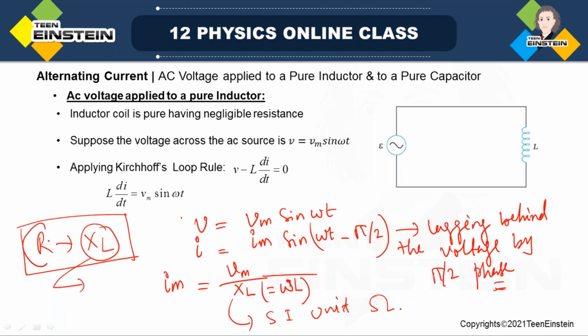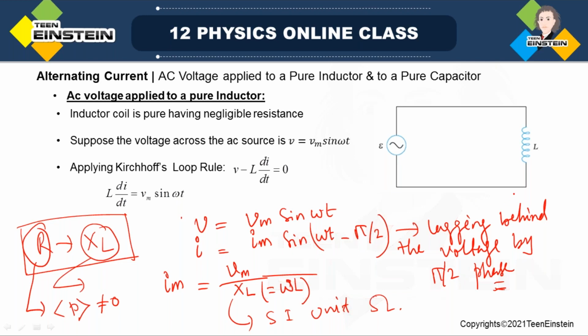Because of this opposition, in a pure resistive circuit, there is a finite, non-zero average power dissipation as a joule heat loss. So we see in a pure resistive circuit, there is a joule heat loss, because it opposes the current.